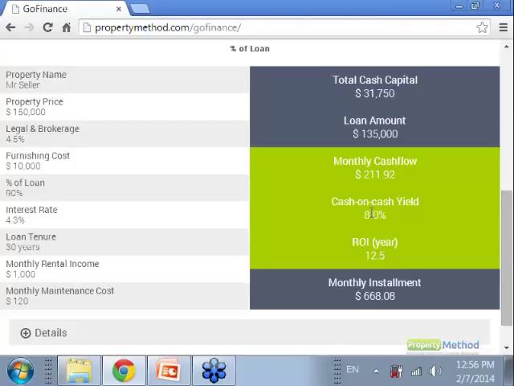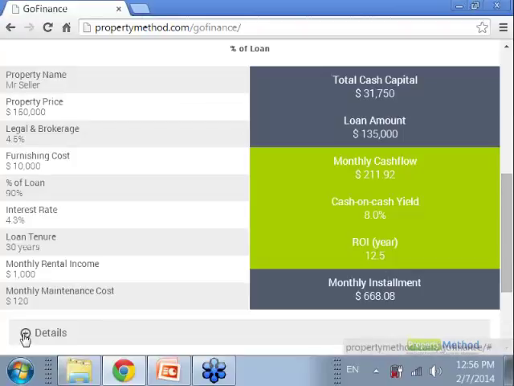The cash on cash yield is below the monthly cash flow, and the ROI, the return on investment. It also summarizes the monthly installment. These are the important numbers to gauge whether the performance of the investment is good or not at first glance. So it provides a very clear picture at first glance.